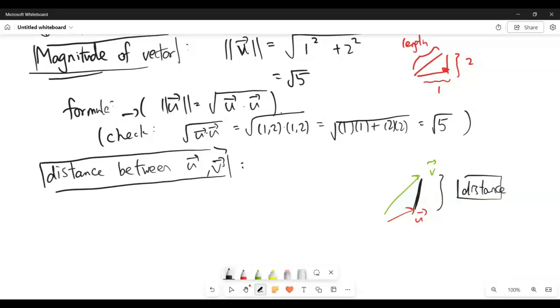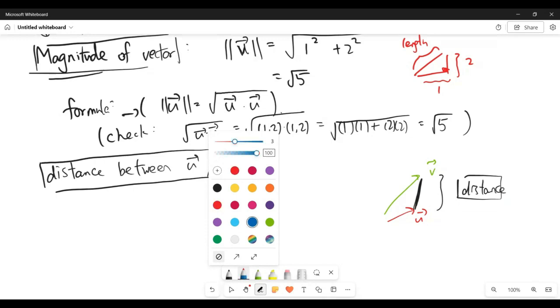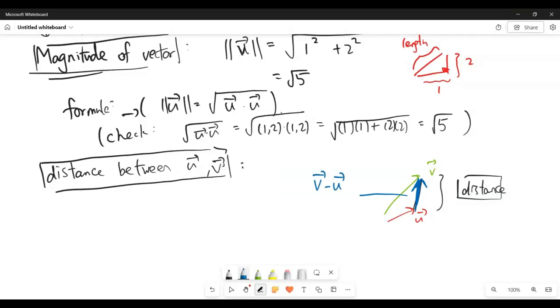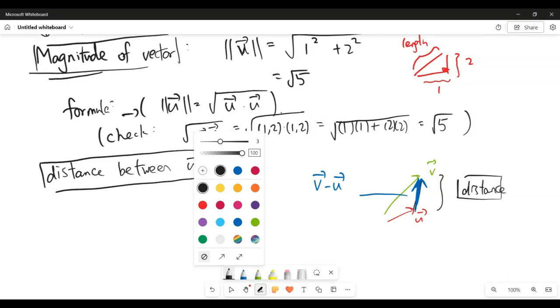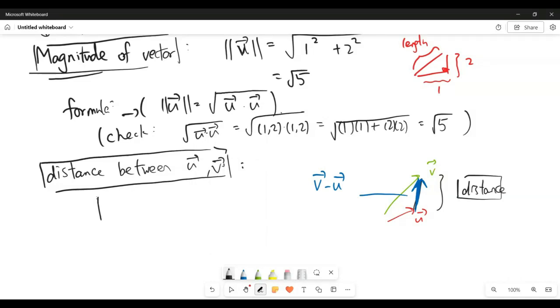And I believe this can be done because we understand that this blue vector that I put here is actually the vector v minus u, right? So it gives you a sense that the distance between the two vectors u and v is defined just by the length of the vector in blue color, which is the vector v minus vector u.